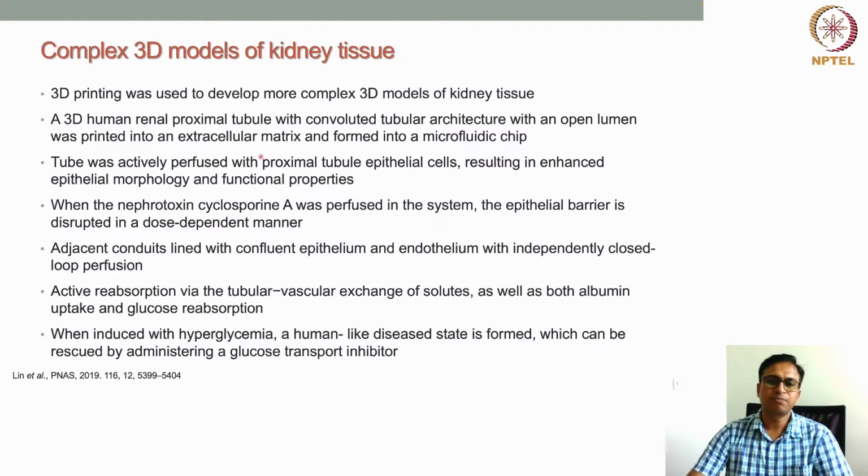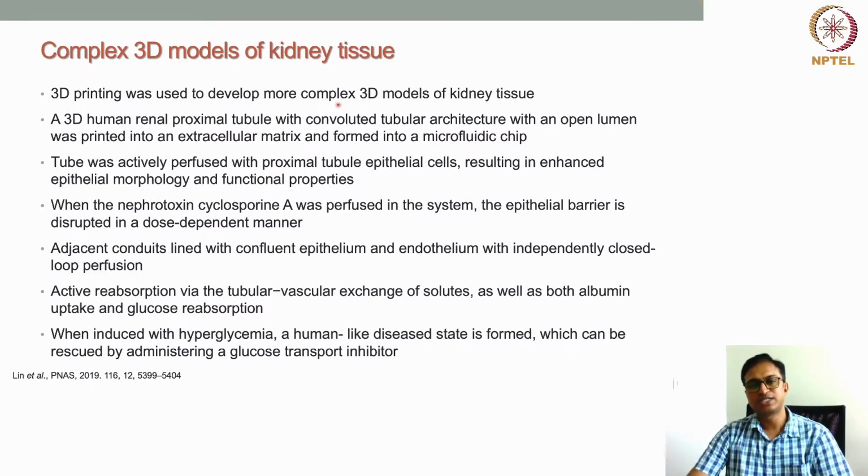So they have printed this proximal tubule. This is a part of the nephron, the PT, and it does several functions. So their interest is to reproduce that proximal tubular structure.